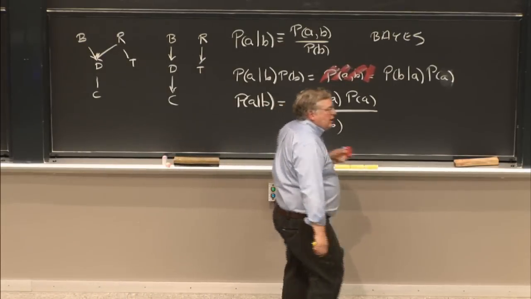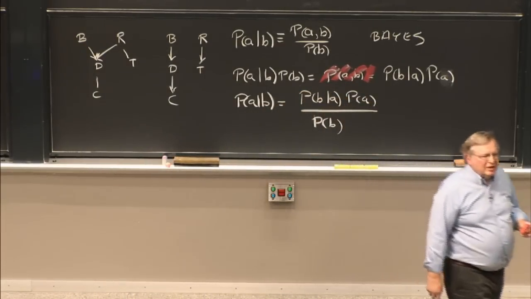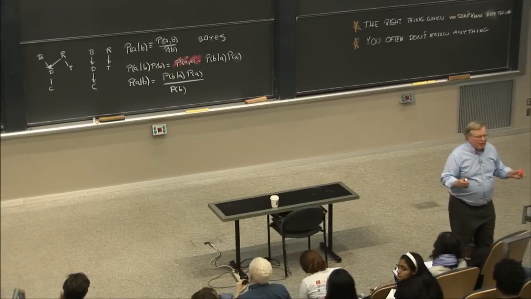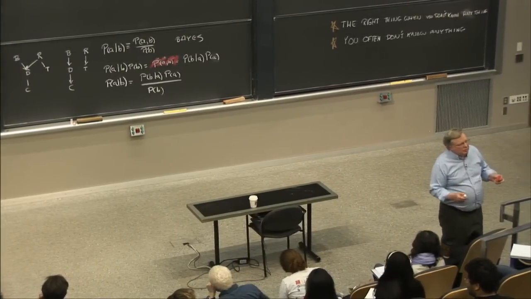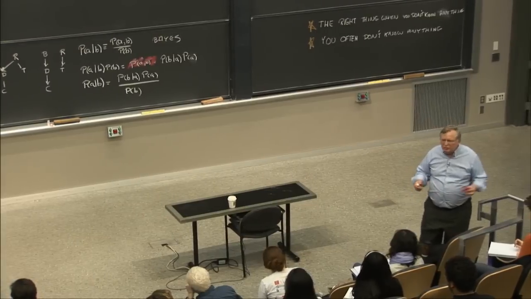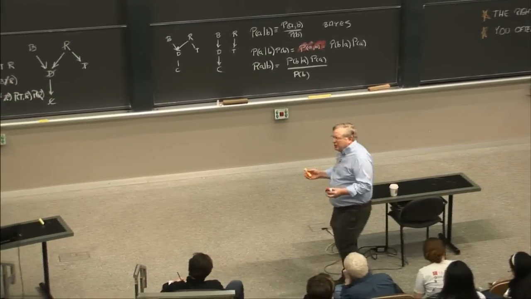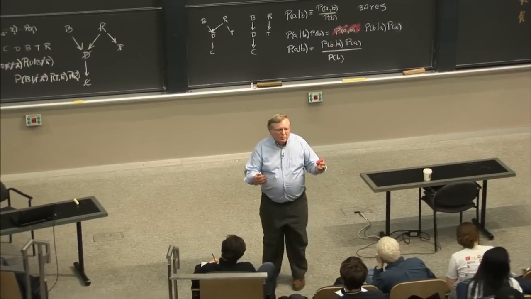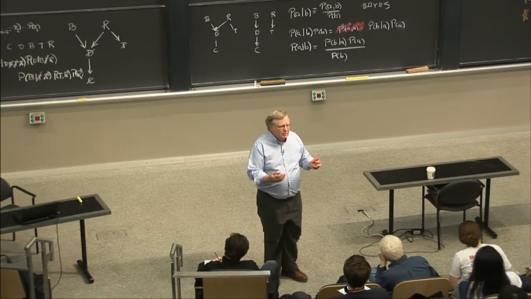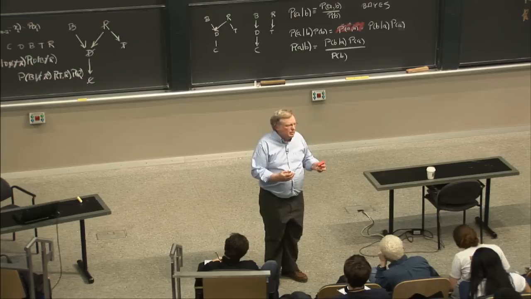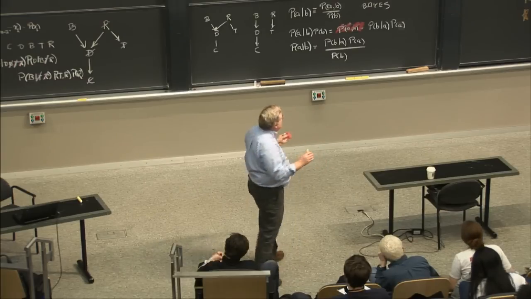But now I'm going to do something magical. I'm going to say I've got a classification problem. I want to know which disease you have. Maybe you've got the swine flu. Maybe you've got indigestion. Who knows? But I get all these symptoms, all these pieces of evidence. You've got a fever. Let's not go into too much detail there.